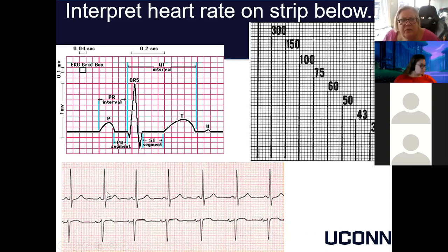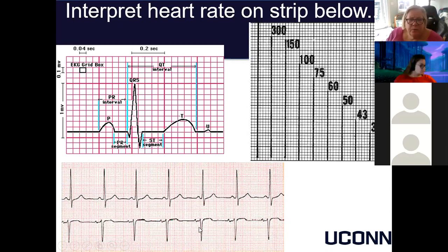So again, this is a rhythm strip, and this is your lead 2, which is very nice. Your P waves are beautifully upright, with a nicely defined PR interval. You can measure your QRS. It's even easy to measure your QT interval. This is a different lead.